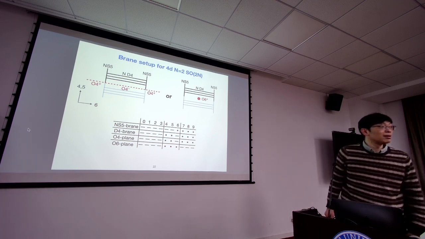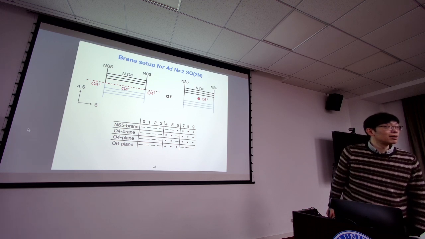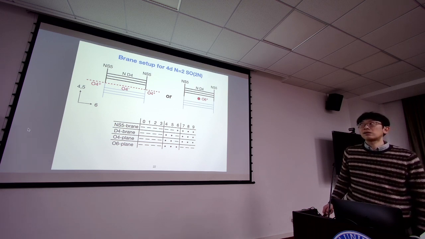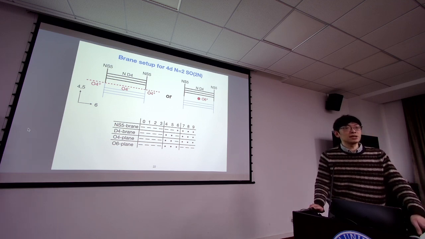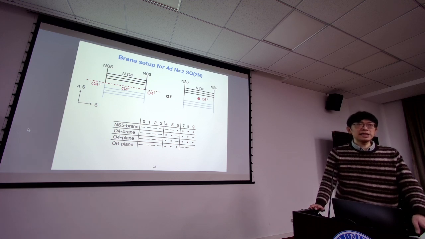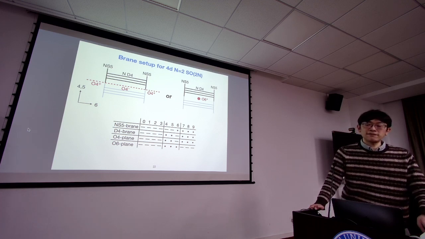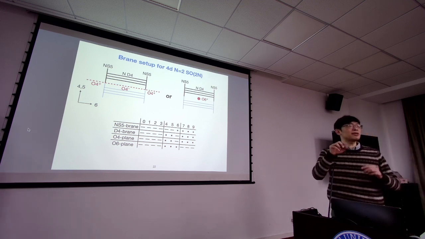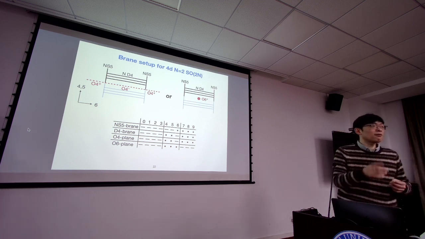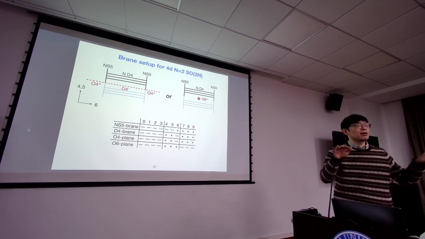Is it possible to get F or G or E type gauge groups? Well, G, yes. At least I know G. For G2, the 5d G2 web is already known.